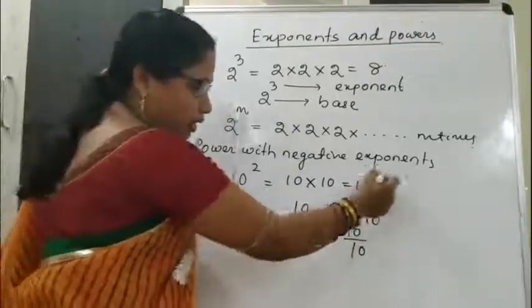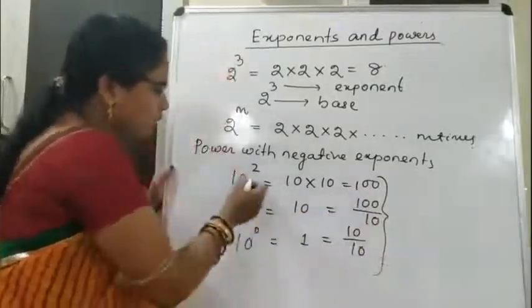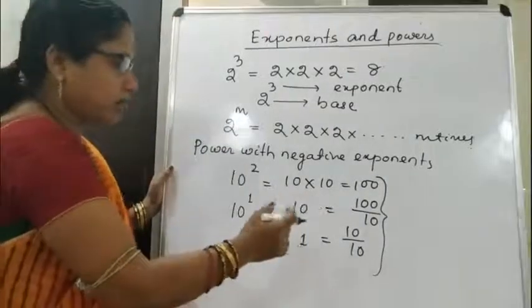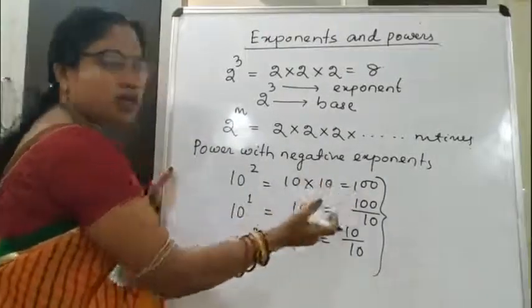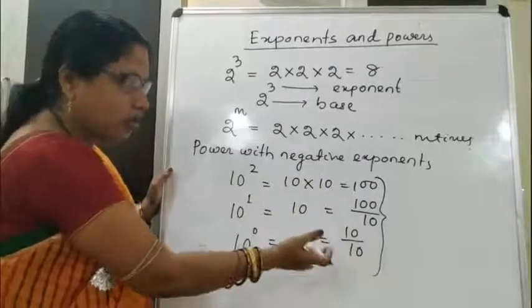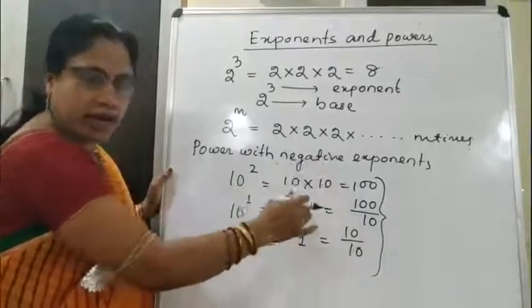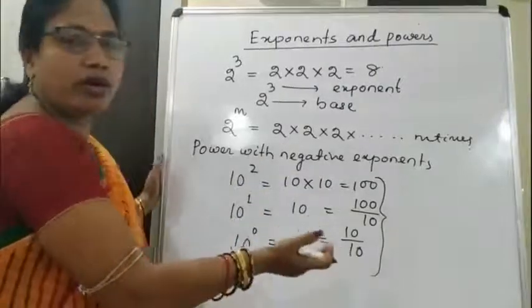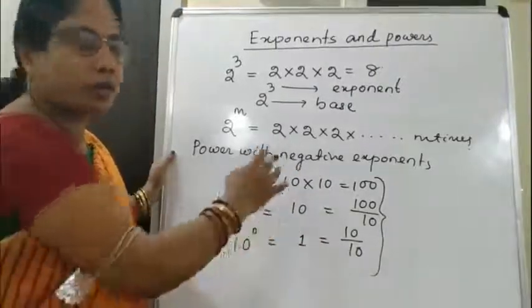Here you observe that when the exponent is decreased by 1, the value is 10 divided by 10 of the previous value. That means the new value is 1/10 of the previous value.